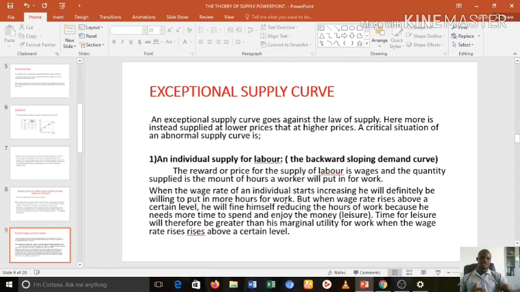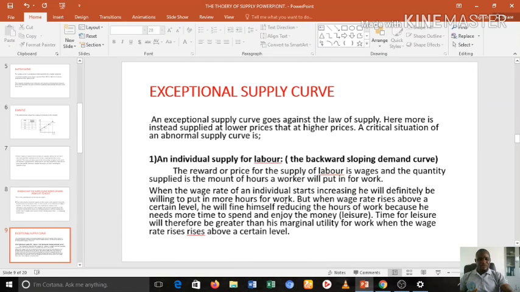If you're working in a company, and they were paying you 200,000 francs a month, and the following month they increase your salary to 250, it's going to motivate you to put in more effort and want to work more.